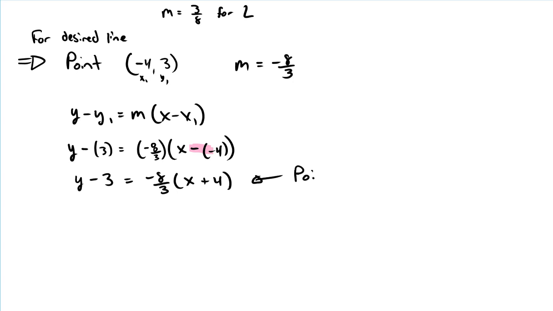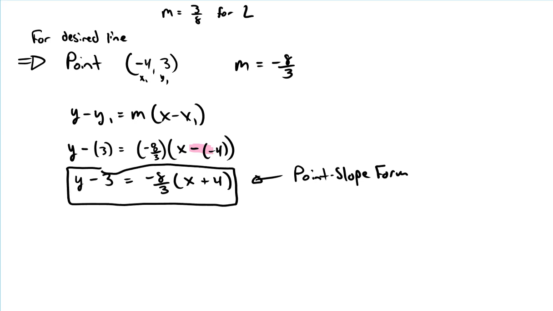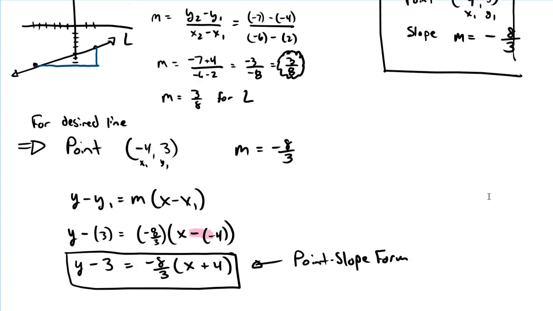So this is the answer in point slope form. So they said they wanted that. There it is. So might as well go ahead and box it. Ooh, got a little wild there with my box. There we are. Okay, so that is point slope form. That's what they wanted in one of those.